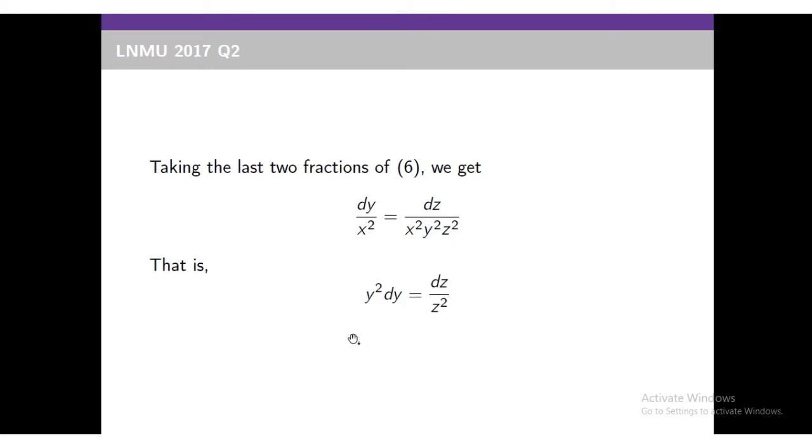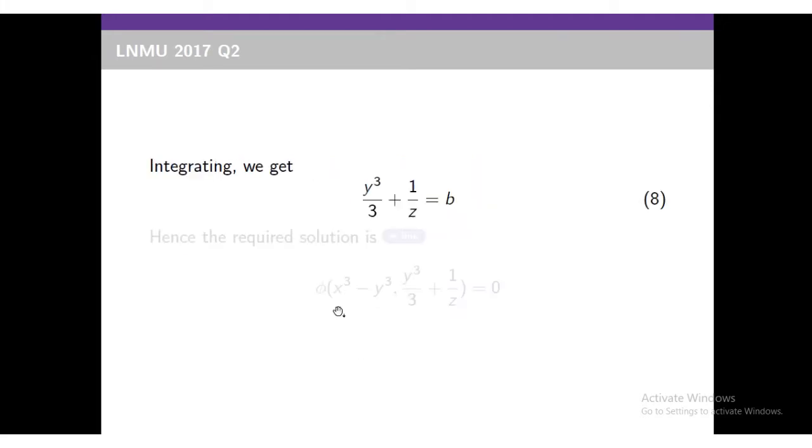Upon integration you will get y cube by 3 equal to minus 1 by z plus integrating constant, and when you take the minus 1 by z to the left hand side, you will get this equation.